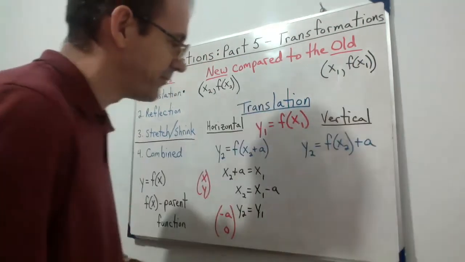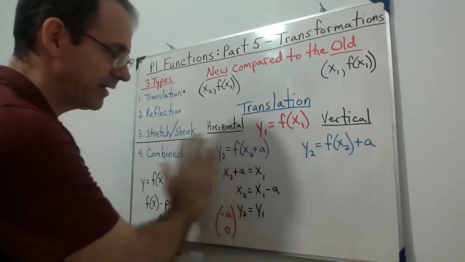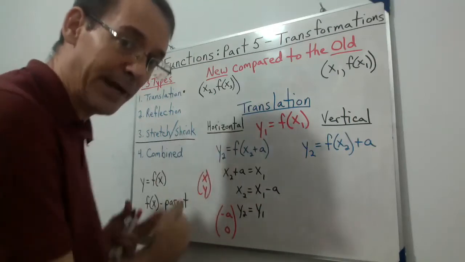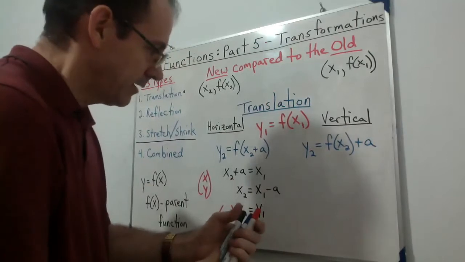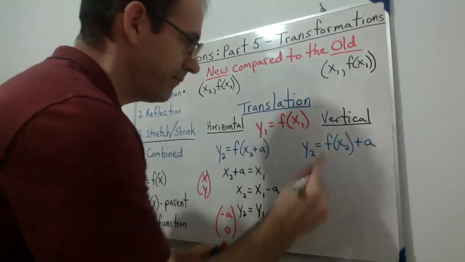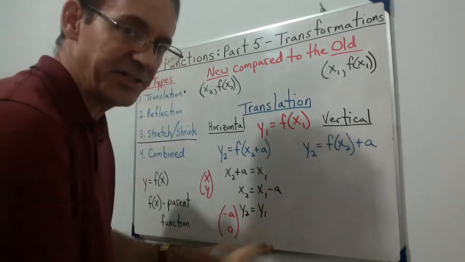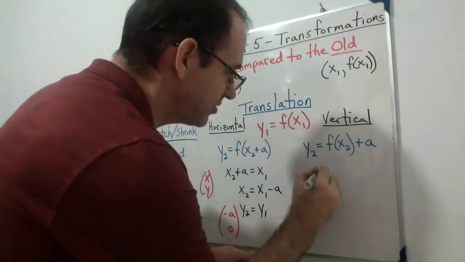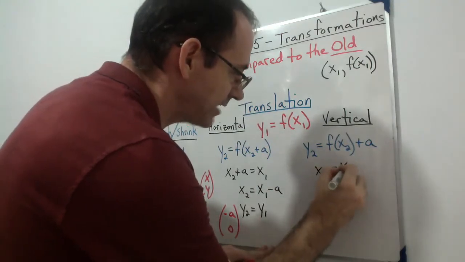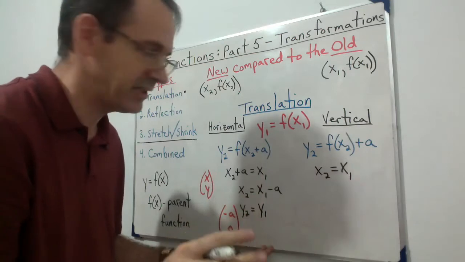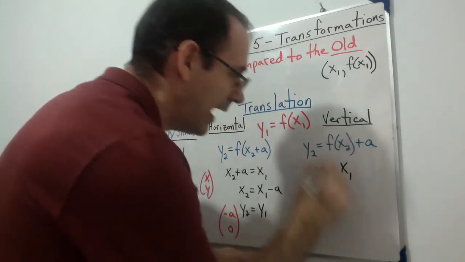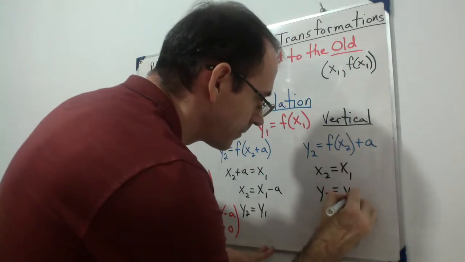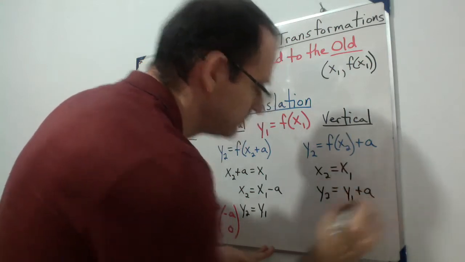If we look at the vertical, that means instead of moving it left and right, if we want to take our parent function and move it up and down, then what you want to do is notice that your x's did not change, meaning x2 simply replaced x1. There's no change to the x. Your y2 is y1 plus a.